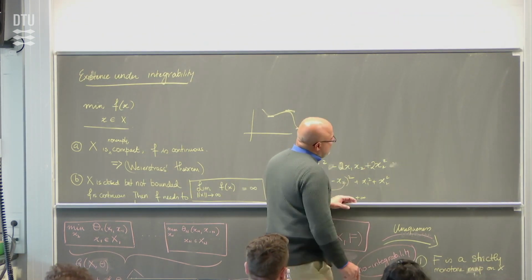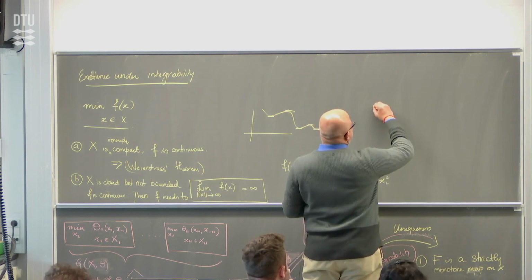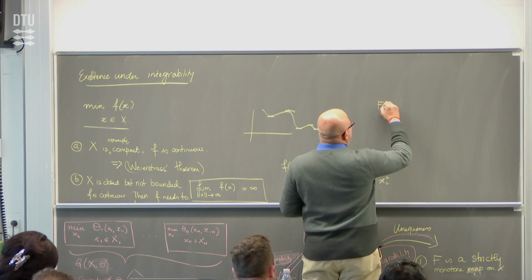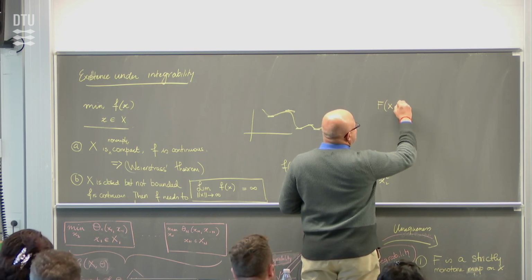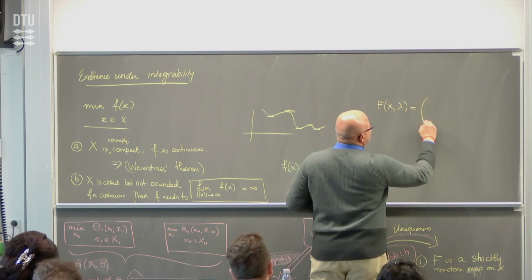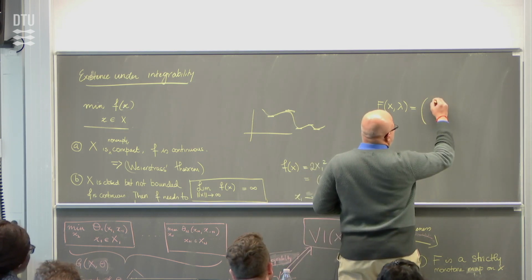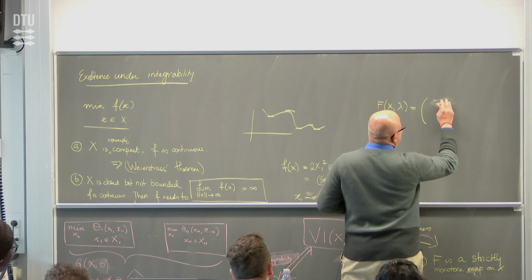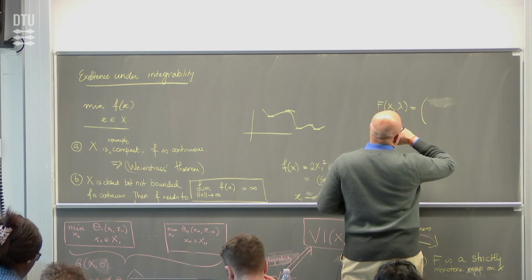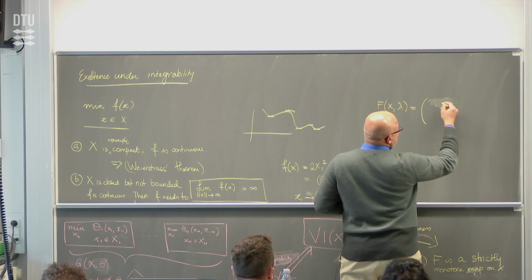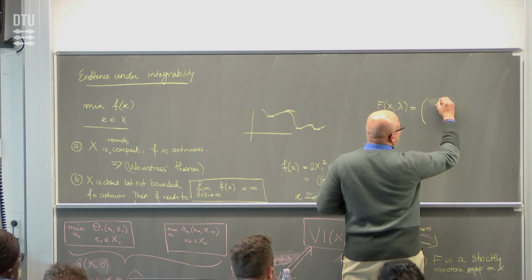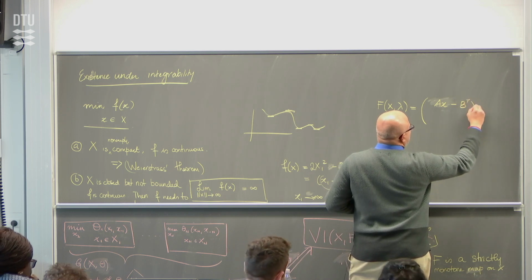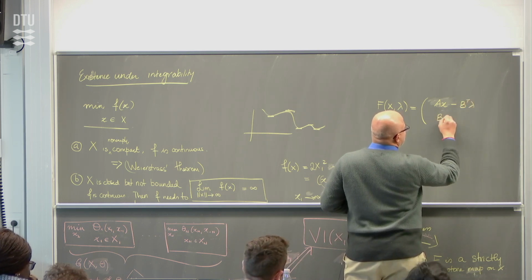What I want to tell you about skew-symmetric matrices is the following. Suppose I told you that f of x, lambda was something like this. Gradient of f, let's make it constant for the time being: Ax minus b transpose lambda, Bx.